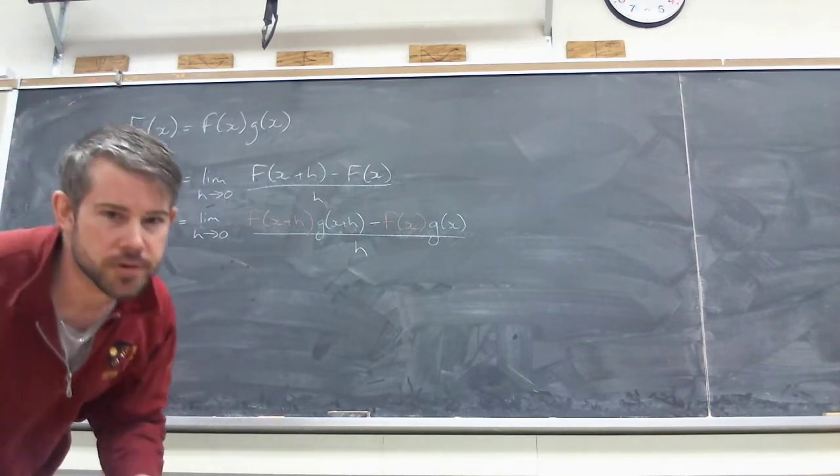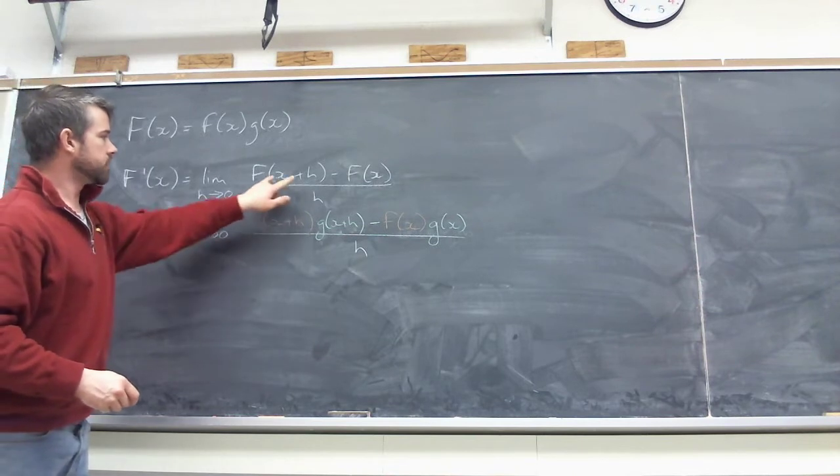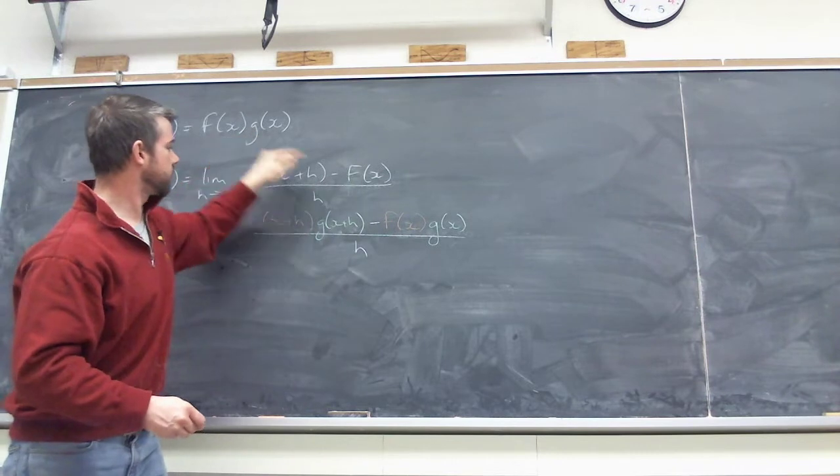And I hope you can see the colors okay on the video. I think you can. So we've just gone ahead and substituted x + h into there for the first term and x into there for the second term.